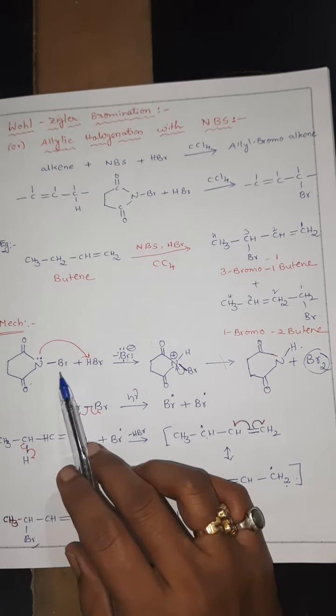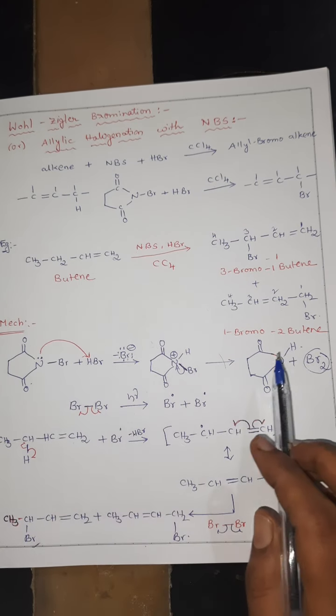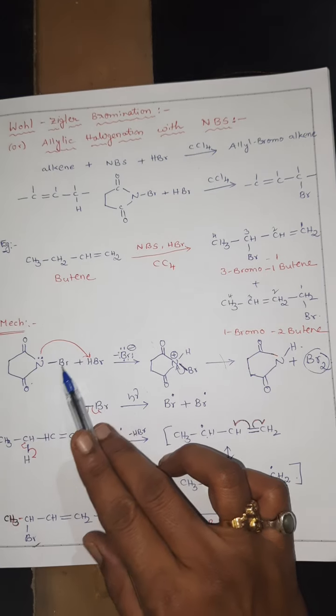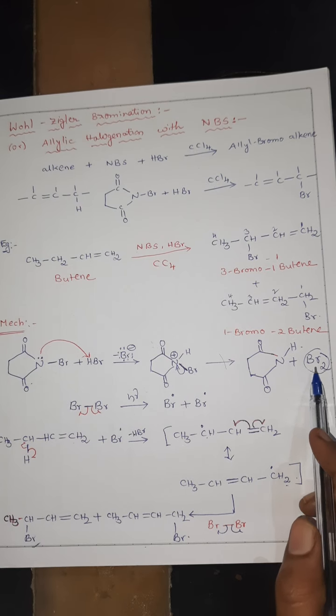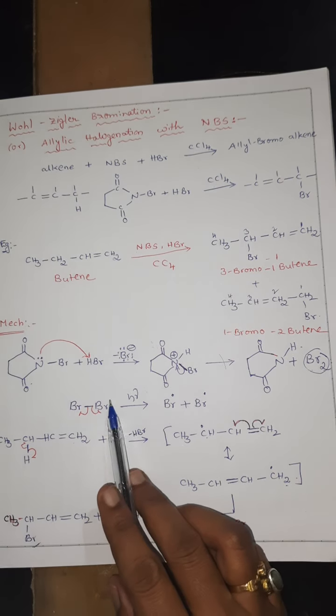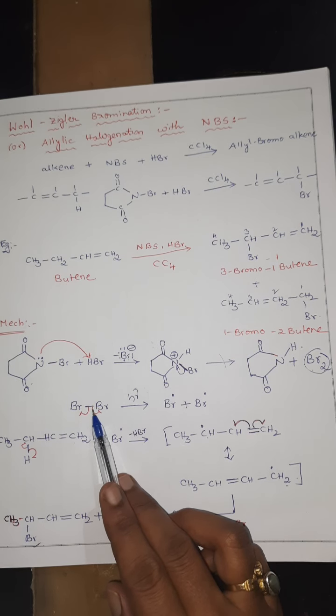So here the importance of N-bromosuccinimide is that it produces molecular bromine instantly. What will happen if we take molecular bromine directly?